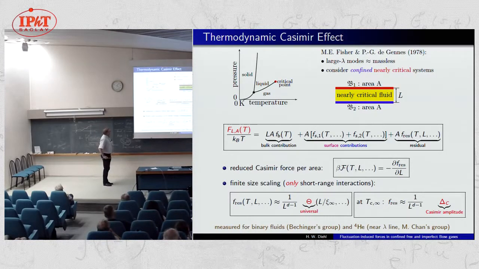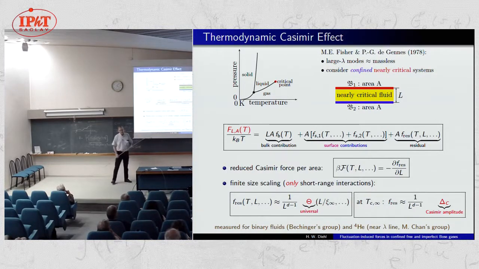So if you assume that the only length that matters besides the separation of the walls is the bulk correlation length, then you write down such a scaling form, and the scaling function should be universal, again, independent of microscopic details. And as you approach the critical point, this scaling function goes to a constant, and we recover a Casimir amplitude.